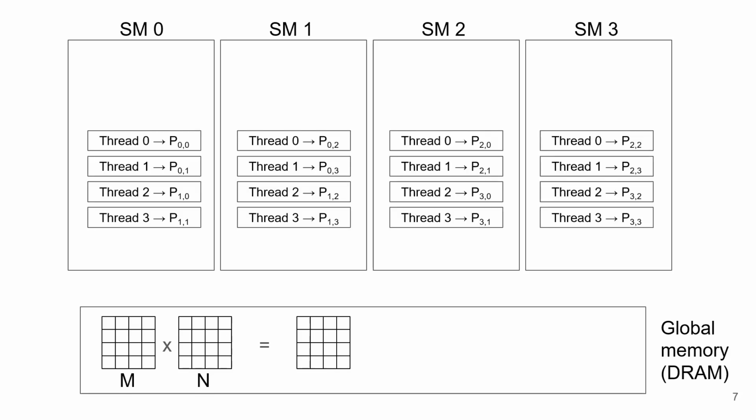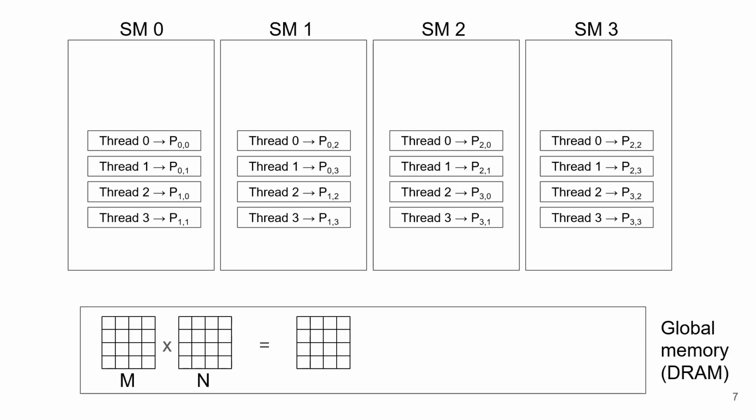Since we have 16 threads, with this abstract figure, the very basic idea is to assign 4 threads to each SM. For simplicity, we assume that each SM only receives 4 threads. However, in reality, each SM receives far more threads, and it can queue and switch to different threads.